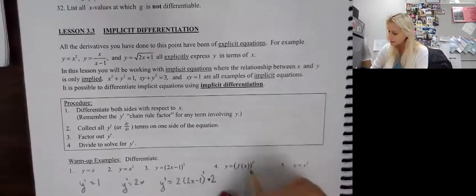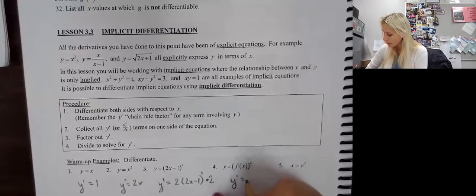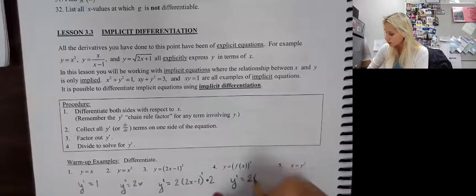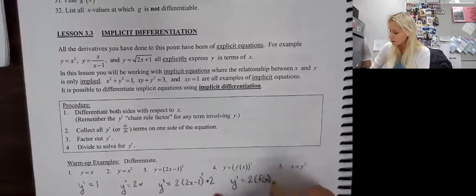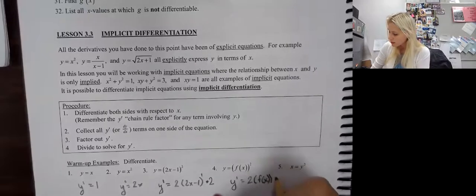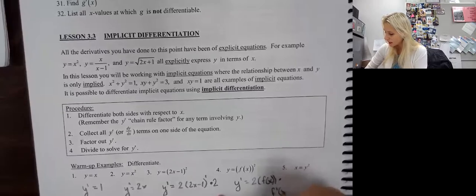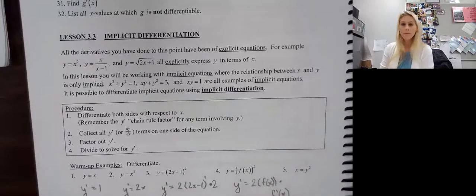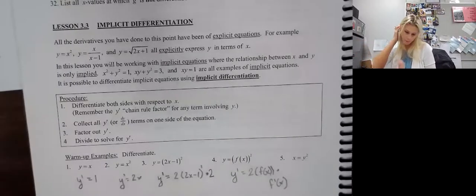Okay, next chain rule again, y prime, outside first, so 2, same inside, which is f of x, times the derivative of the inside, which is f prime of x. Now let's see if we can do number 5 here. Be careful.